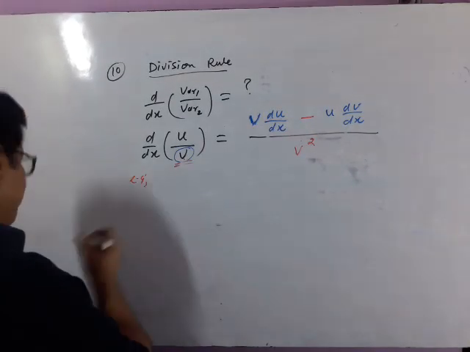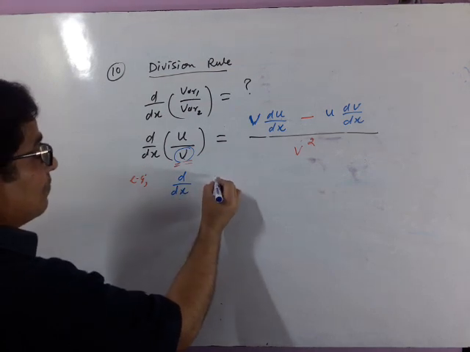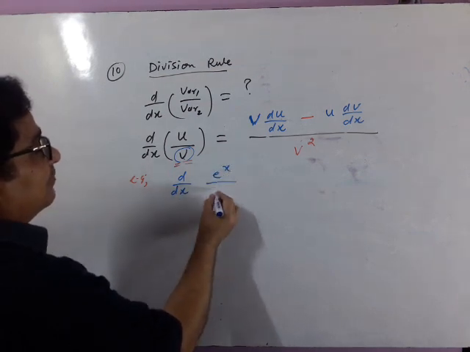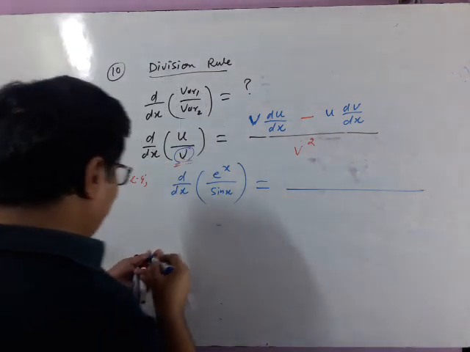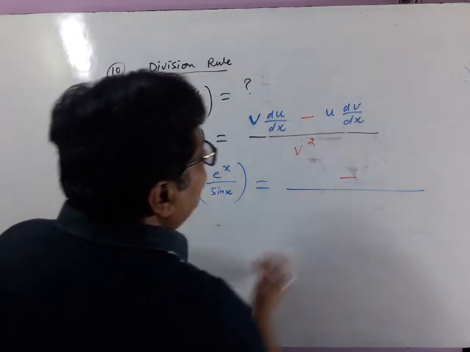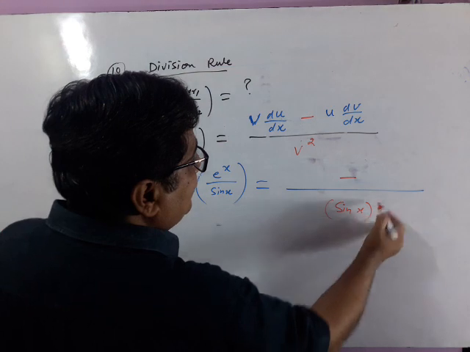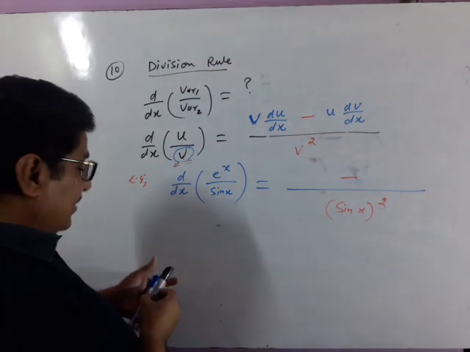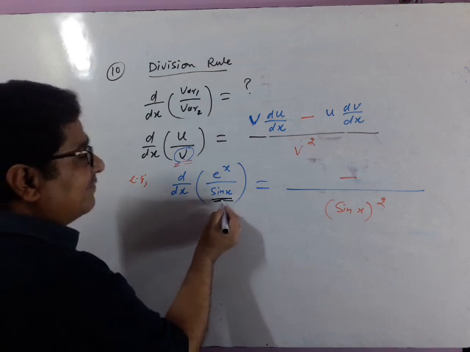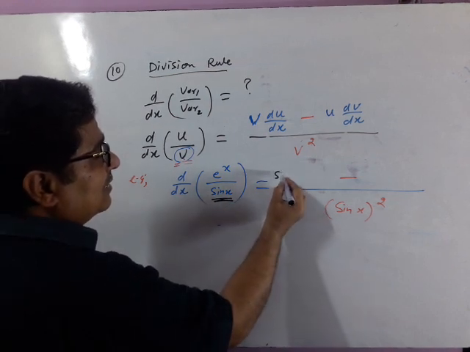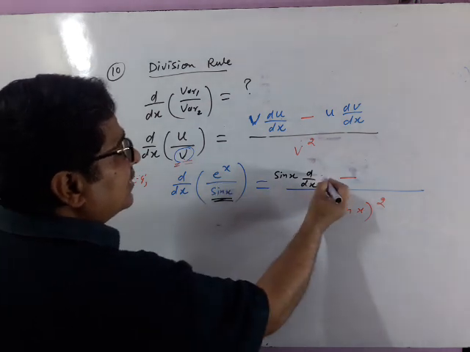See one example. If the question is dy/dx of e raised power x upon sin x, then what will you do? In the same way, you will put a minus sign in between, and the denominator is sin x, so in the denominator you will write sin x whole square, and in the numerator you will follow this. You will start from the denominator v. This is sin x, so start from sin x, differentiation of numerator u, e raised power x.